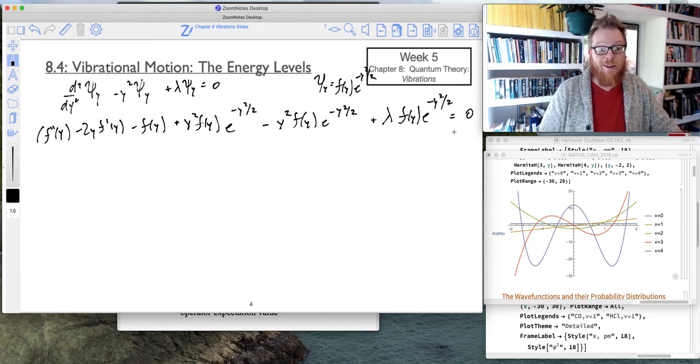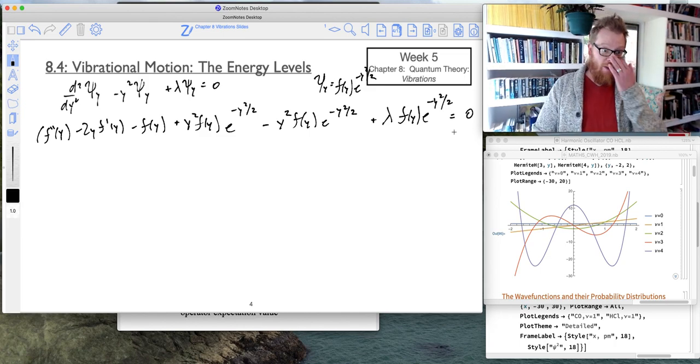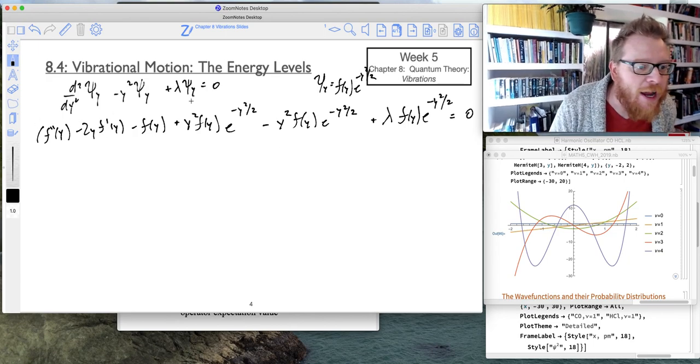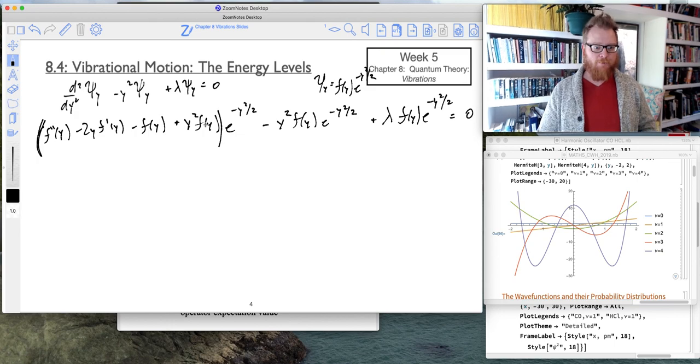Is there anything we can do to simplify this? So we inspect once again. I'm going to make some much bigger parentheses around this thing. Remember, this is e to the negative y squared times this whole chunk.